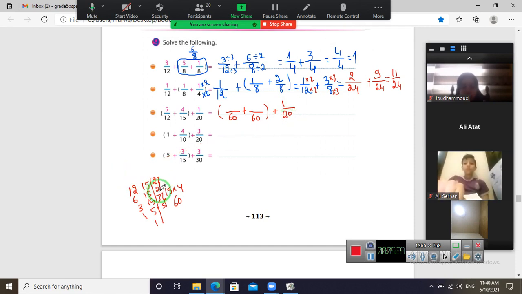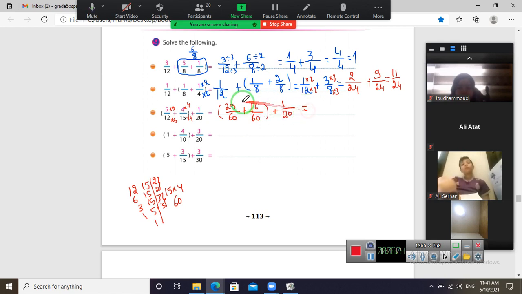We cross out 4 and 3, and we have just the 5 left. So I should multiply by 5. The same for the 15. The 15 is 5 times 3, I cross out 5 and I have 4 left, so I multiply by 4. It will be 25 plus 16.